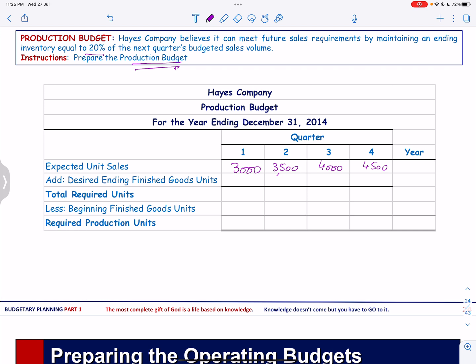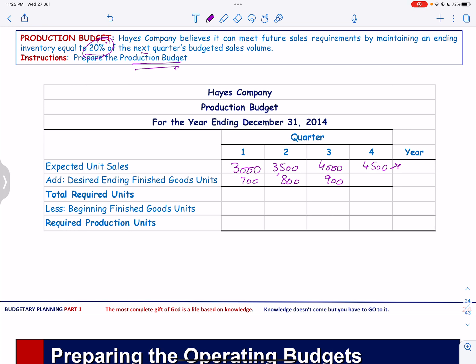Then it says the ending inventory they want is equal to 20% of next quarter's budgeted sales volume. So 20% of 3,500 will be 700. 20% for the next quarter will be 800. Then we have 900. Here we are going to assume the figure in the fourth quarter is 4,500.